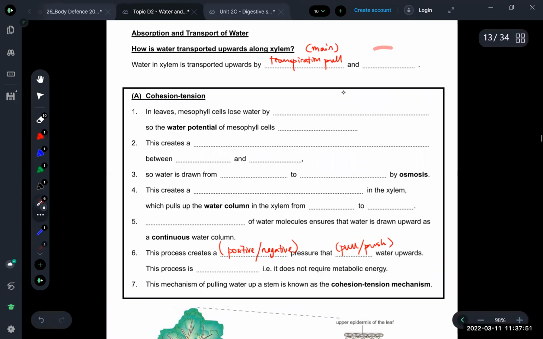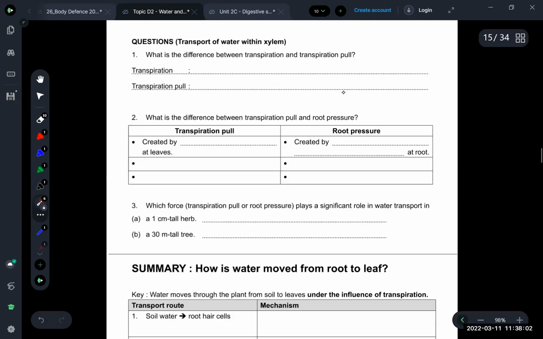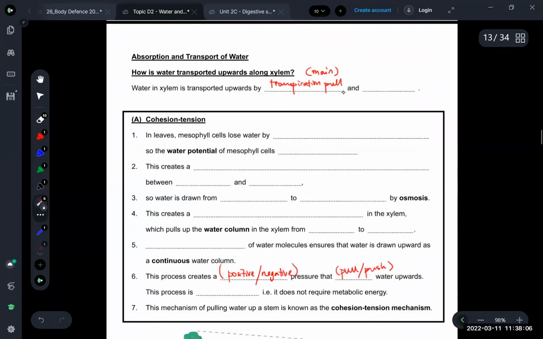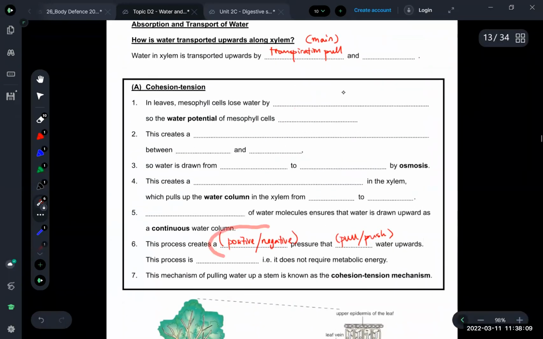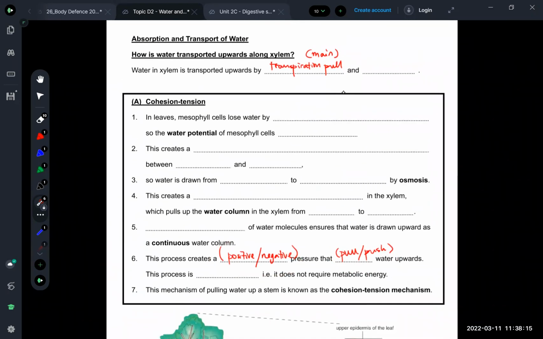So there's another force here that is involved. I'll take a video and you watch that video during the weekend and finish pages 14 to 15. Okay? So here is either positive or negative. Here is just pull or push. Okay? So you can try to finish the story now, or you can do it at home.